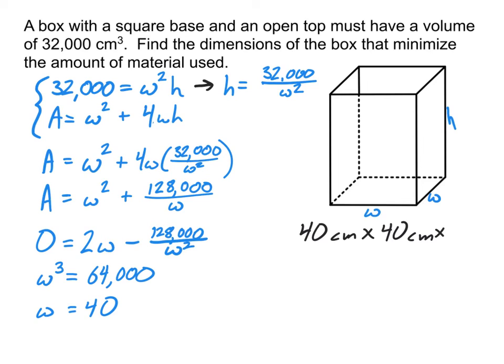So I'm going to plug it back into the height equation. So we're going to do H equals 3,200 over W squared. So that's going to be over 40 squared. Solve that through to figure out what H is. And so then when we solve that through, we should find that H is going to be 20. So we get 20 centimeters.